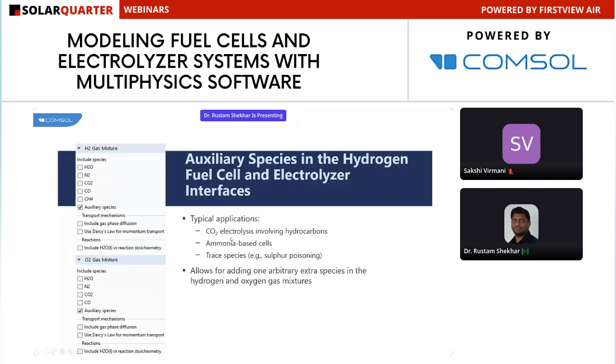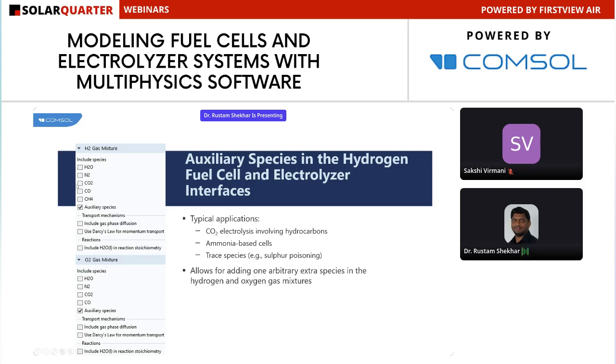Okay, so if you want to work on fuel cells which are using other species like ammonia, CO2, for that you can introduce one auxiliary species that can be used to trace the species or solve for sulfur poisoning, or any other species other than the available species like H2, H2O, CO2, CO, and CH4.